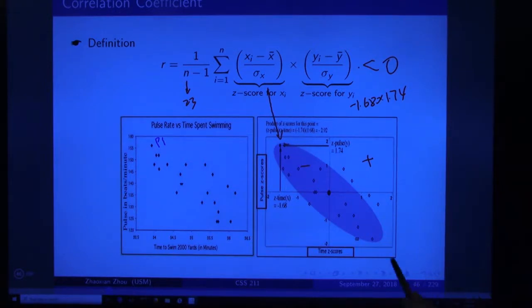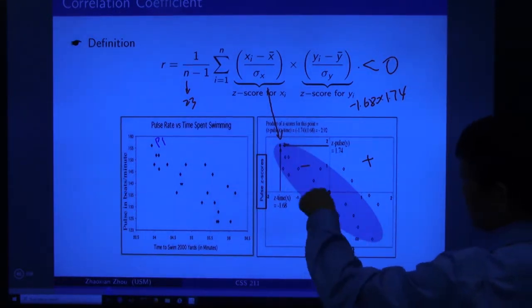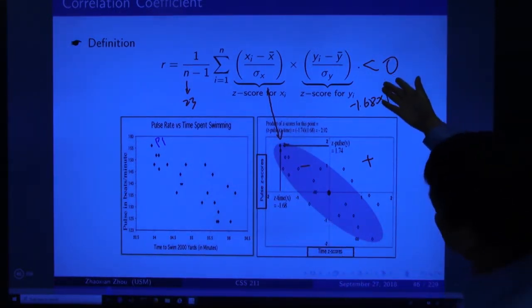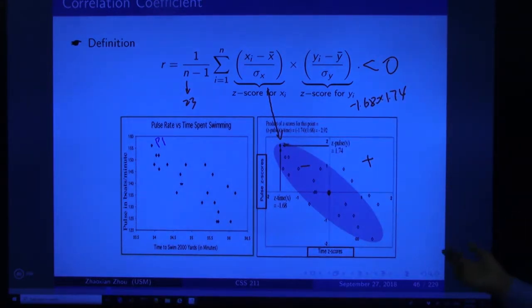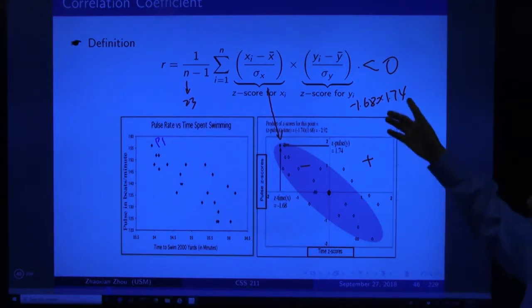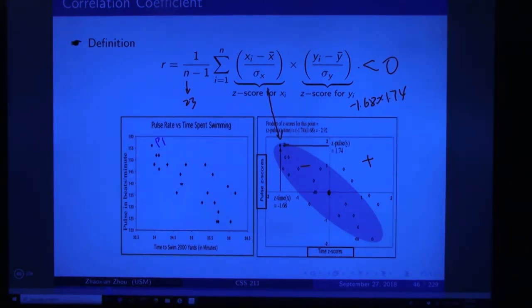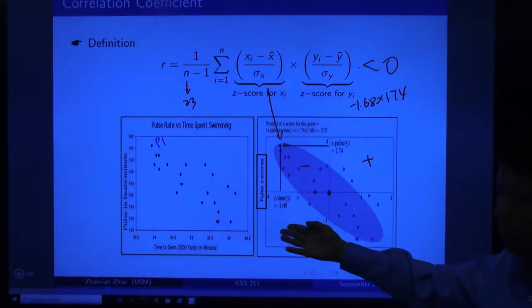That means this value, it looks like it's not equal to 0. If not equal to 0, that means x and y are correlated. Because the correlation coefficient is negative, it's negatively correlated. The physical meaning of a negative correlation coefficient is the larger the x, the smaller the y.